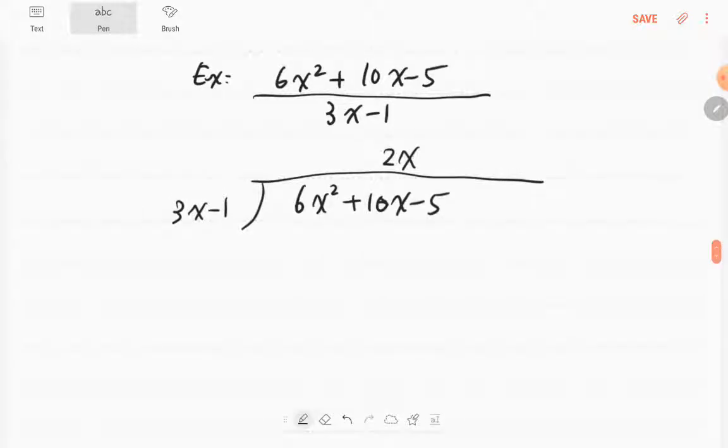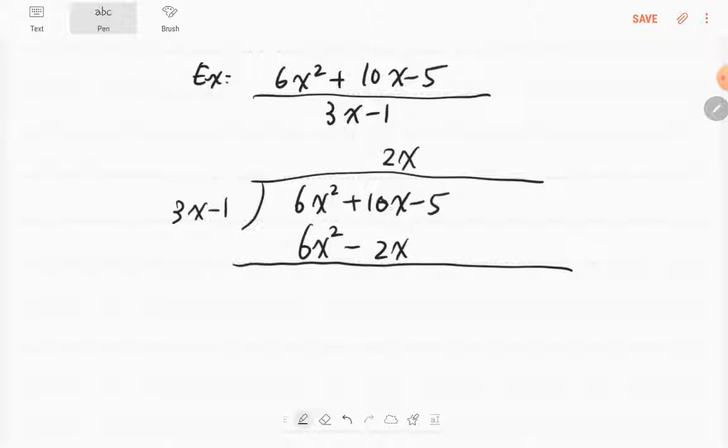After we put 2x, we should go back to do the multiplication. 2x times 3x is 6x squared. Then 2x times negative 1, we will get negative 2x. Okay? So we draw a line, then we should do the subtraction. Subtract the top, subtract the bottom.